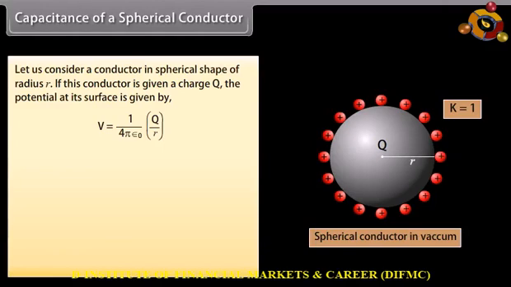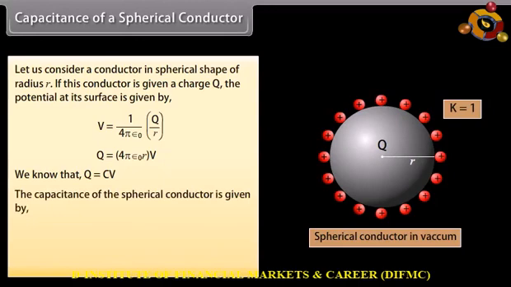It can be written as Q is equal to product of 4 pi epsilon naught r and V. We know that Q is equal to CV. On comparing above equations, the capacitance of the spherical conductor is given by C is equal to 4 pi epsilon naught r.